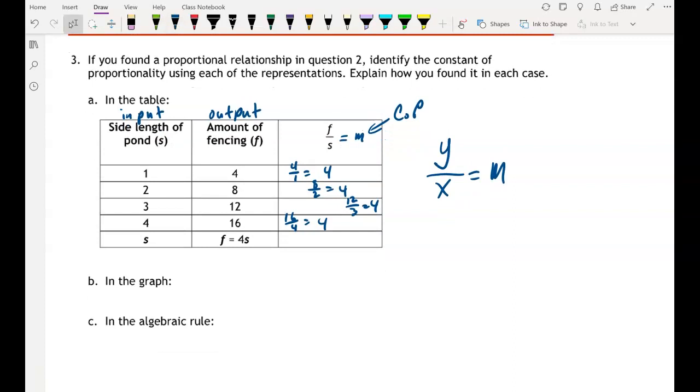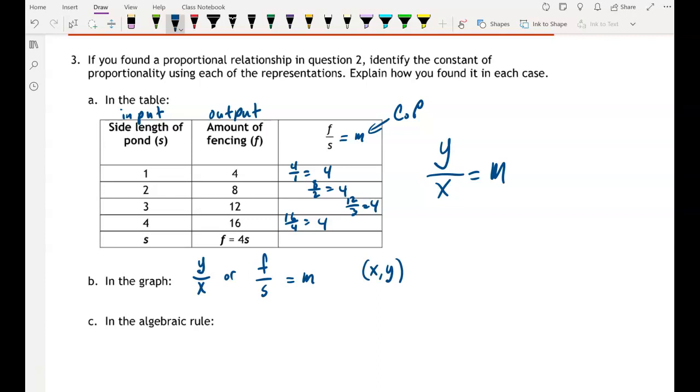Now, from our graph, how did we find our constant of proportionality? Well, remember, we can always find the constant of proportionality from a graph by dividing the output by the input, or in this case it was f divided by s. That will always give you your constant of proportionality. The other thing, remember, we have x, y pairs, or input-output pairs.